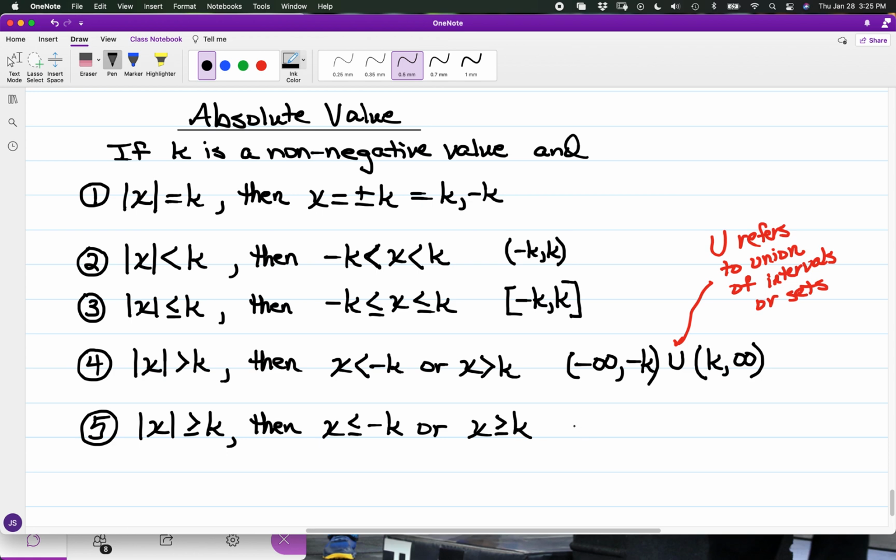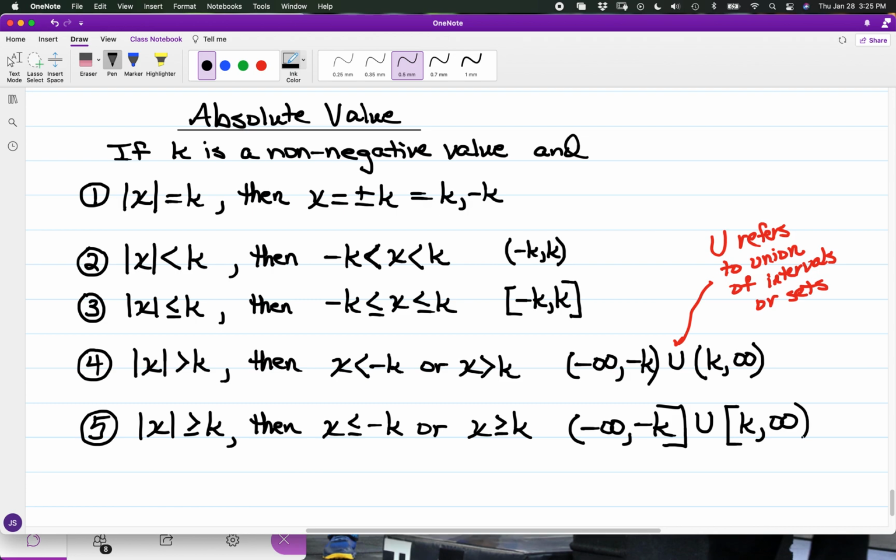And the interval notation, so you have from negative infinity approaching and including negative k. So the negative k is going to be in the brackets, and you got the union with the upper half set, where we have going from and including positive k, going all the way out to infinity.